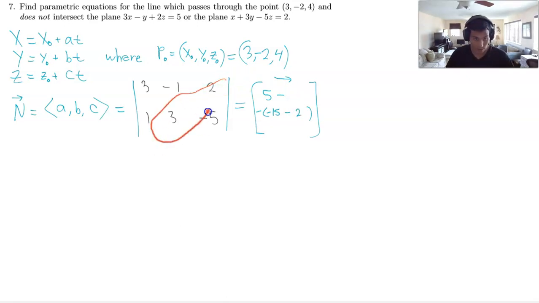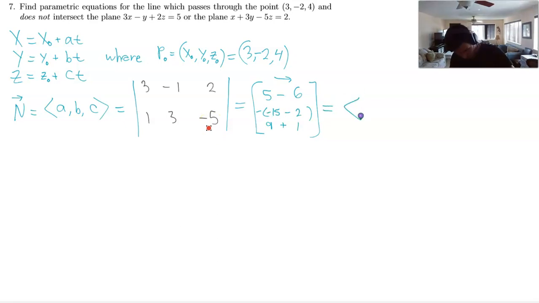Over here, this is that cross, so it's supposed to be 6 here, my bad. Everything else is correct. And then the last one we get is 9, and then minus -1, so plus 1. We get -1, and then -15 minus 2 is -17, -17 times -1 is 17, 9 plus 1 is 10. Okay, so that's all it is.